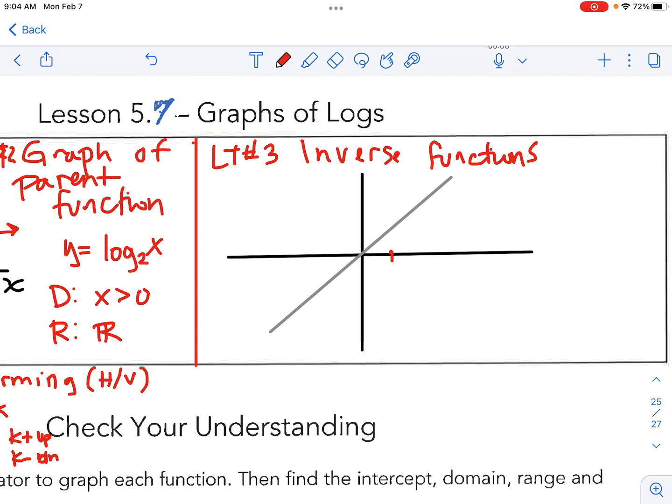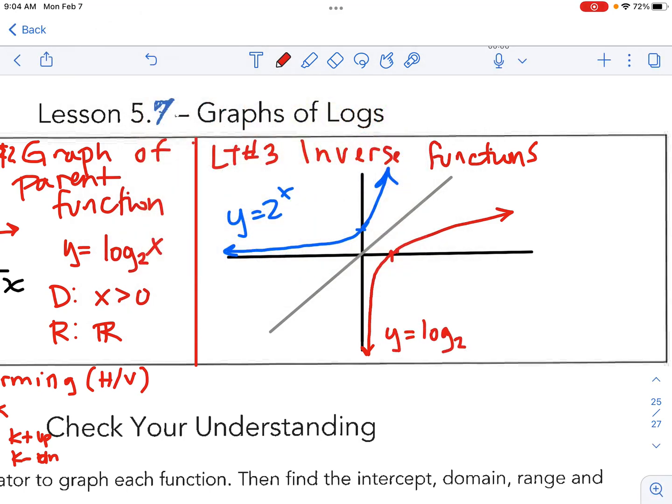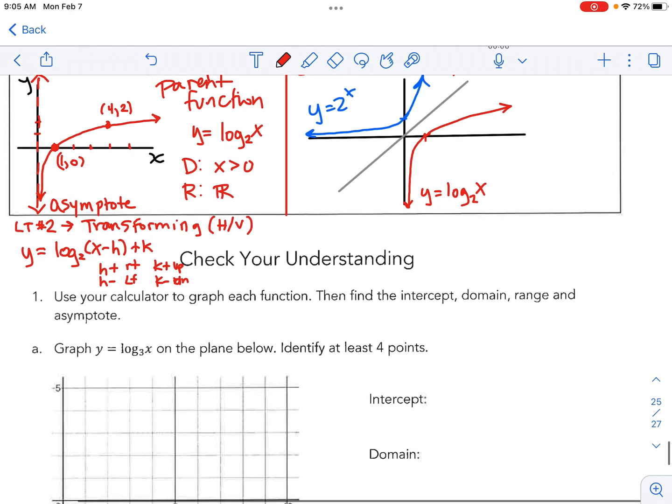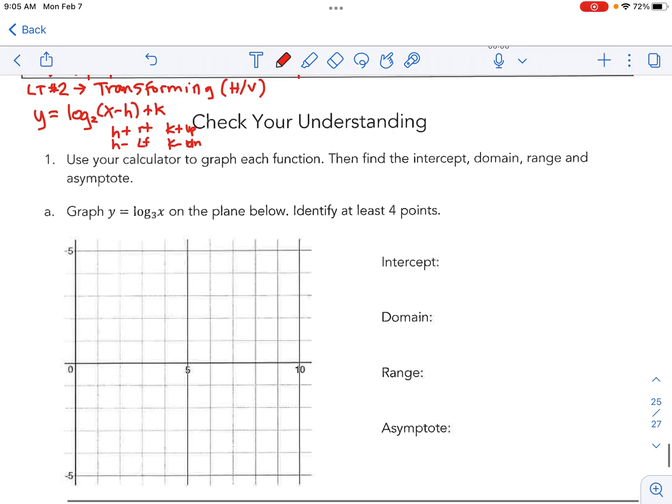Then our logarithmic function is going to have an x-intercept and an asymptote that's vertical, and our exponential function is going to have a y-intercept and an asymptote that is horizontal. So it's going to look like this. This is y equals 2 to the x, and this is y equals log base 2 of x. Those are inverses of one another, and so we see the swapping of the x's and the y's.